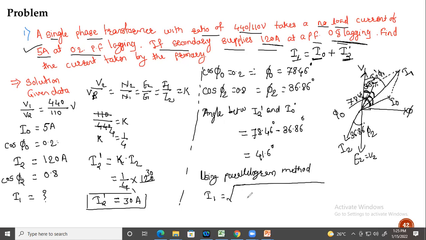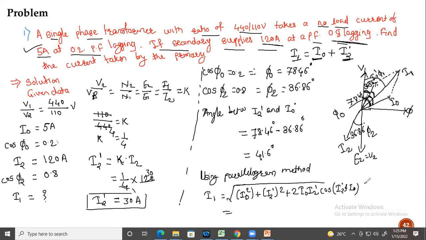So the formula is that I1 is equal to under root of I0 square plus I2 dash square plus 2 I0 I2 dash cos of the angle between I2 dash and I0.